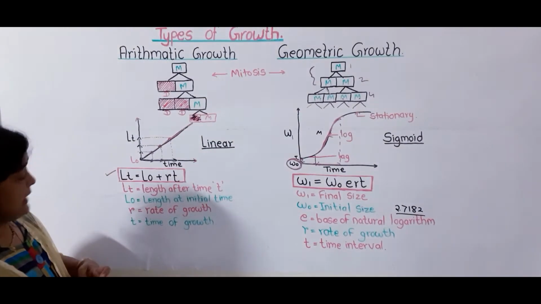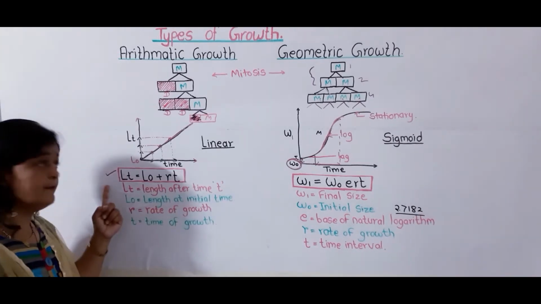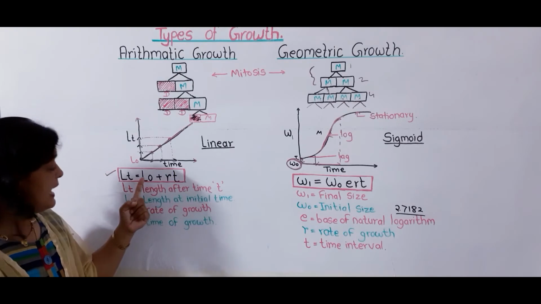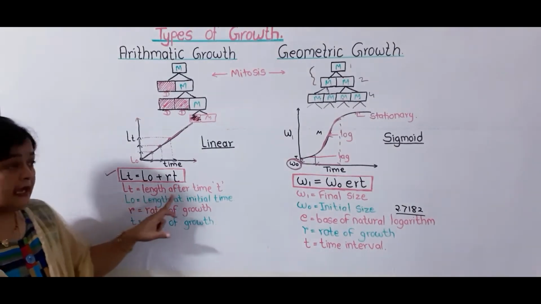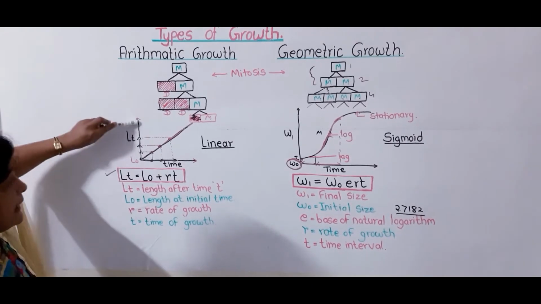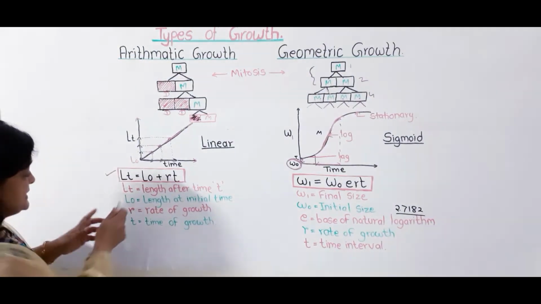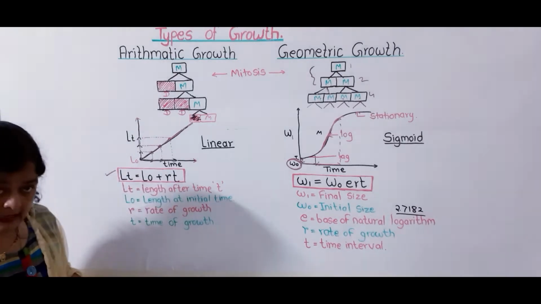Now, this arithmetic growth can be calculated with the help of one formula. This formula is Lt = L0 + rt, where Lt means the length after time t, the total length after a particular period of time.